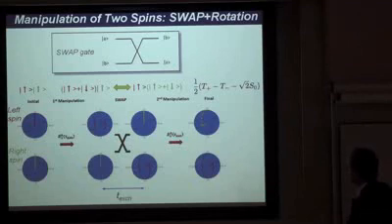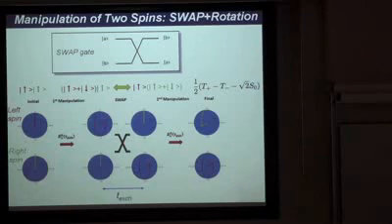There is actually no charge state difference between up-up and T plus and T minus, so this change cannot be detected. What we can detect is only the singlet component. If we have no swap, the up state is converted just to up. So only when we have a swap operation can we find the singlet state.